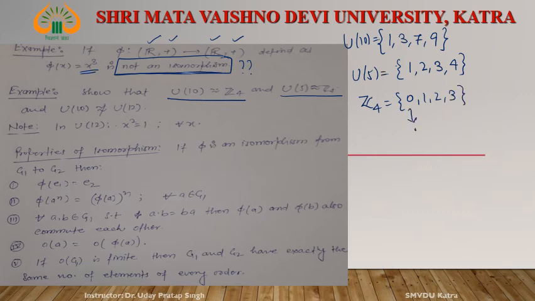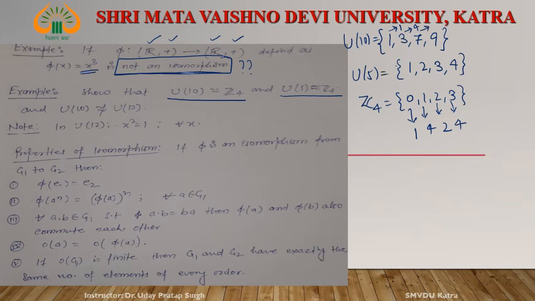The order of 0 is 1, order of 1 is 4, order of 2 is 2, order of 3 is 4. Similarly, in U10, the order of 1 is 1, order of 3: 3 into 3 is 9, and 9 into 3 is 27, so the order of 3 is 4.